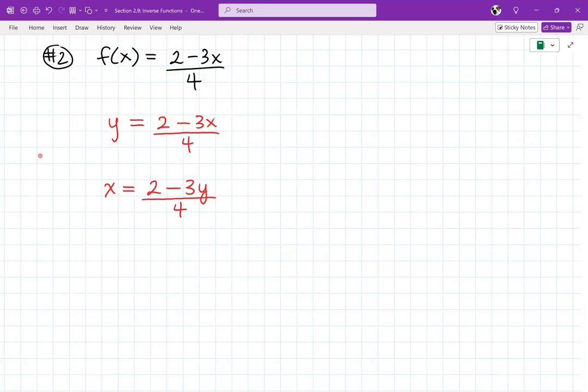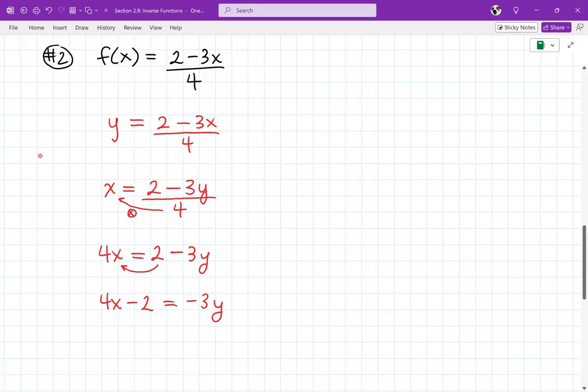That's step 2. The hardest step is always step 3, the solve. So I want to solve for y. What do I do first? We're going to multiply the 4 over to this side, so that becomes 4x equals 2 minus 3y. Now let me move that 2 over to the left side by subtracting it. That's 4x minus 2 equals negative 3y.